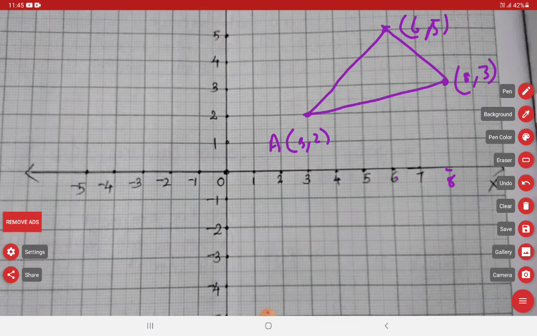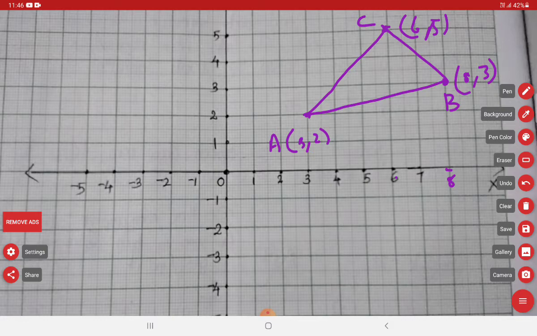Now you have to draw the mirror image of the figure about the x-axis and about the y-axis. So you have to find the mirror image of each point A, B, C about the x-axis and about the y-axis and join them. First we can draw the mirror image of point A (3, 2) about the y-axis.